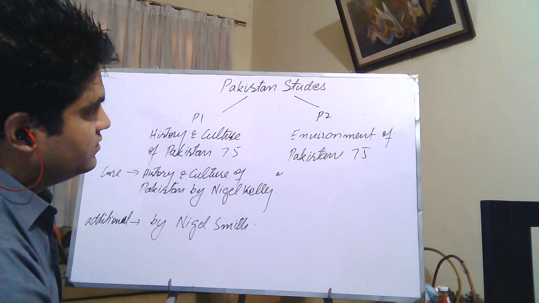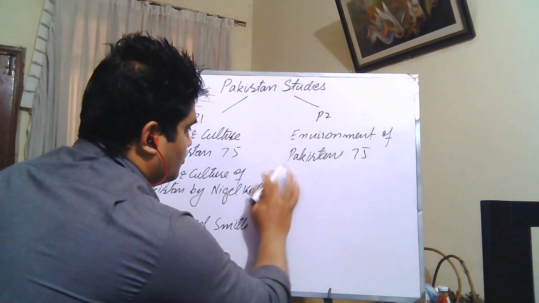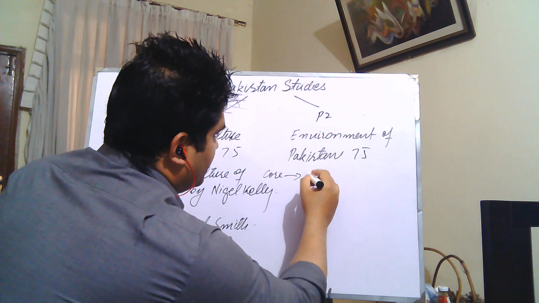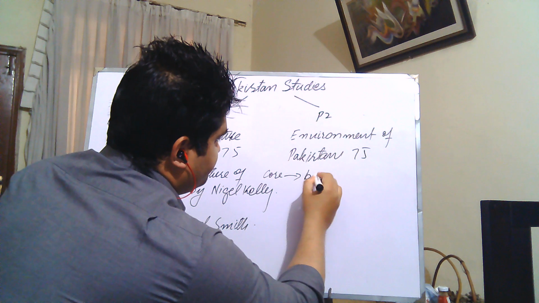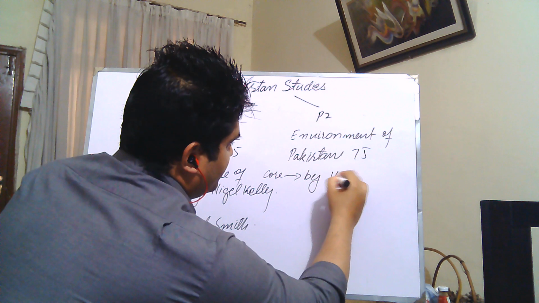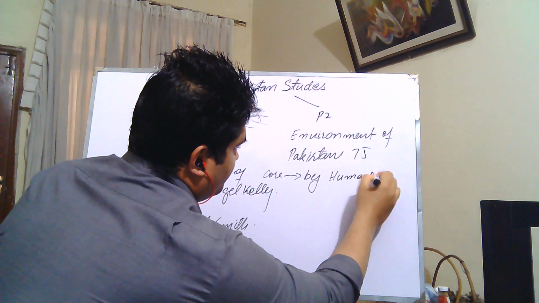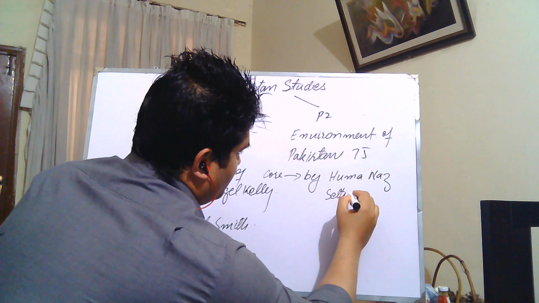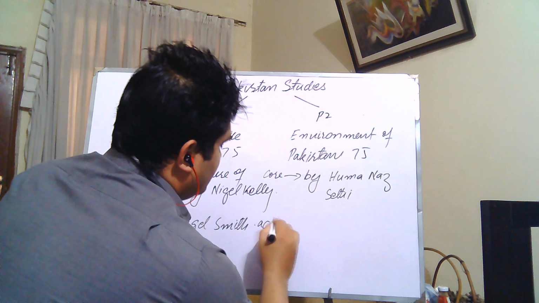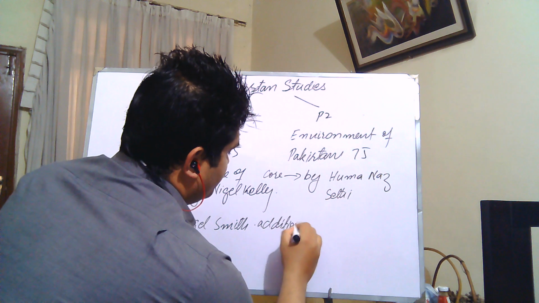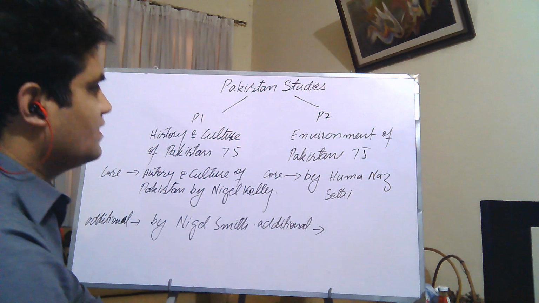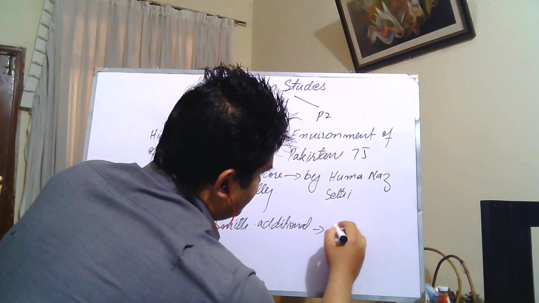And for paper 2, as a core book, you can use Environment of Pakistan by Human Sethi. And as an additional book, you can use a book by Fazlite.